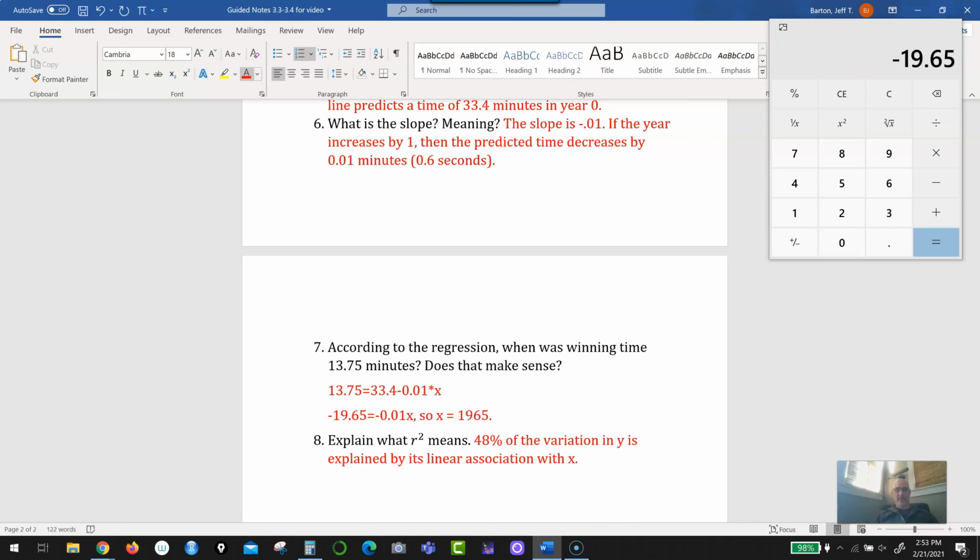So in the context of this problem, we would say 48% of the variation in record time is explained by its association with the year.